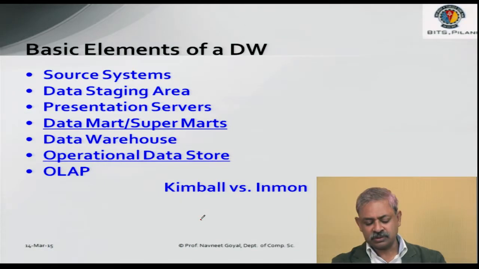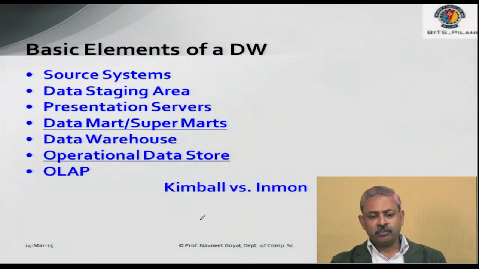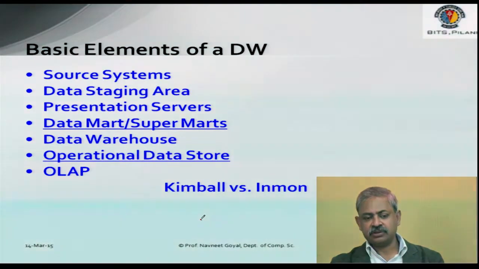Source systems are those systems from which we take the data to populate the data warehouse, and then once the data is selected, it goes into what is called a data staging area, where you process the data, or I would say pre-process the data, or prepare the data for loading into the data warehouse.